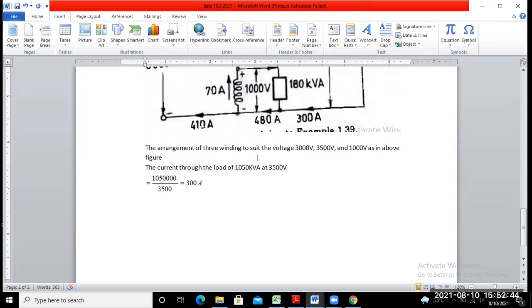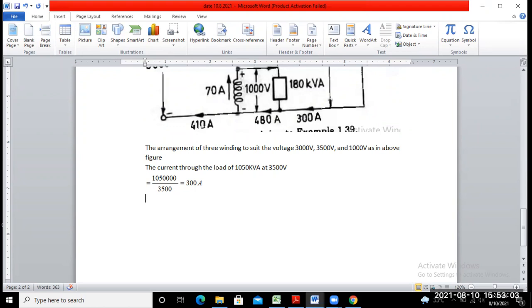Similarly, find the current through the second load, that is 180 kVA at 1000 volt.